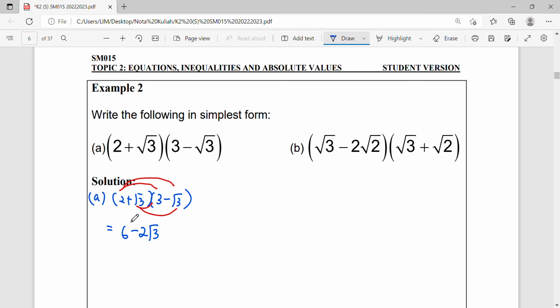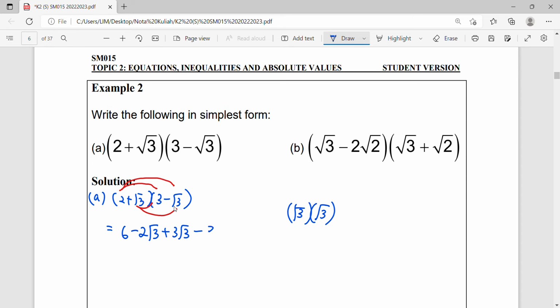Continue. Surd 3 times 3. Can the 3 go under the surd? No, so it will just multiply in front. So it becomes 3 surd 3. But when you have surd 3 times negative surd 3, positive, negative, negative, surd 3 squared.